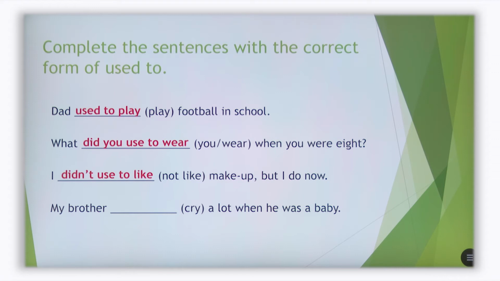The last one, my brother, in the brackets, cry a lot when he was a baby. And this is how we should complete this sentence. My brother used to cry a lot when he was a baby.